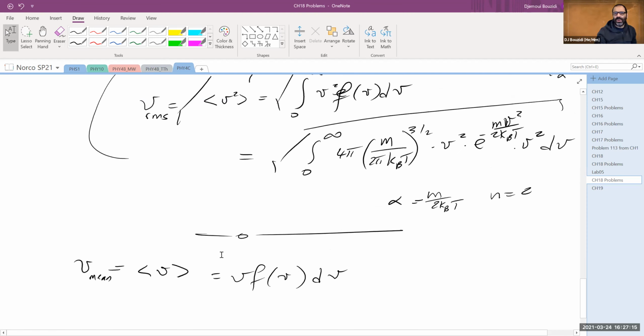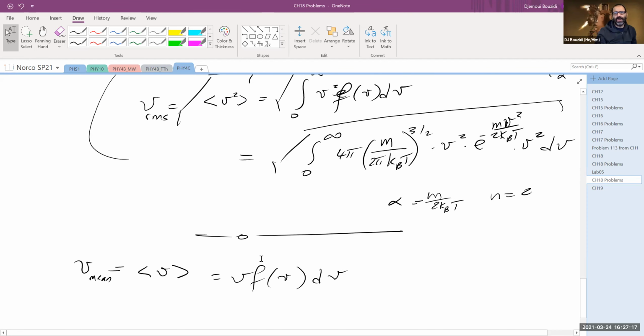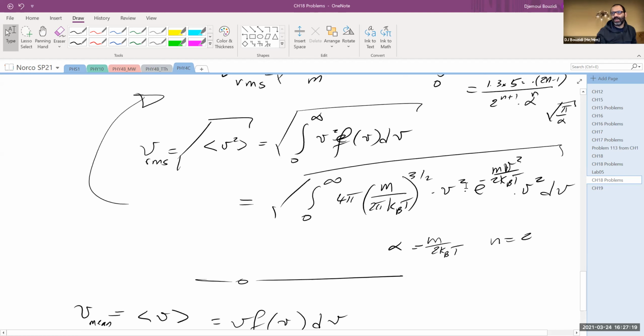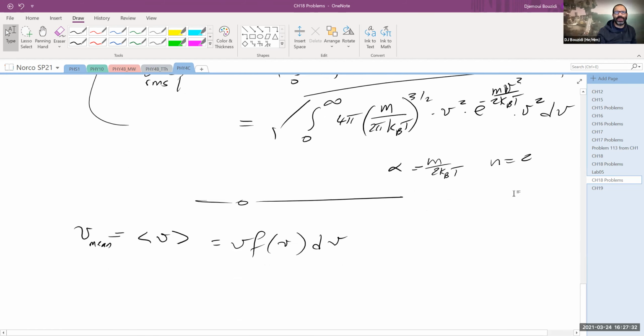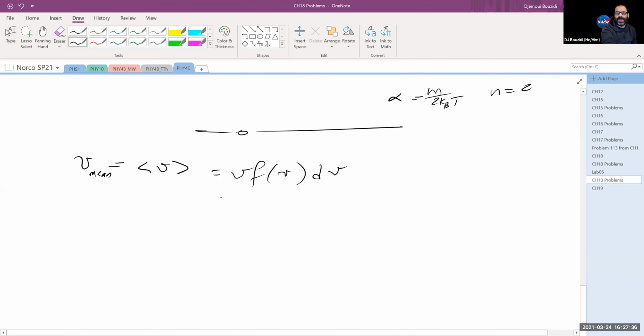So for that, no square root at this point. So what you do in this case, you're going to take the entire expression and you have v cubed in here, times exponential of minus something v squared in here. Now, what they tell you is that you need to do a change of variables. Let me write this expression first.